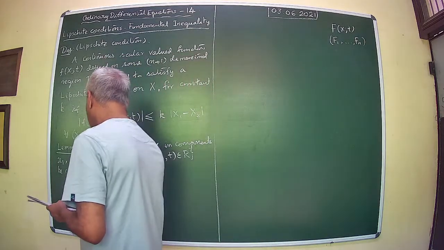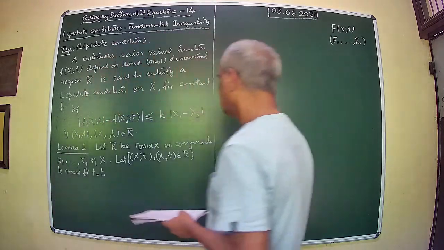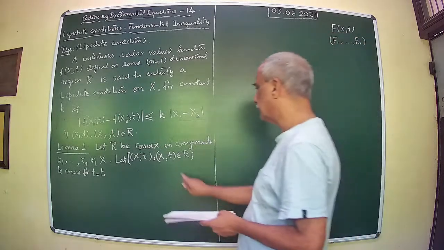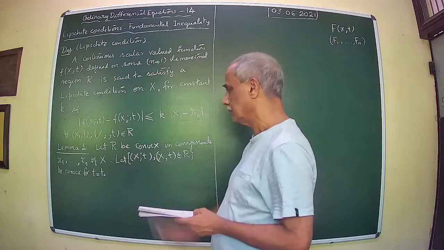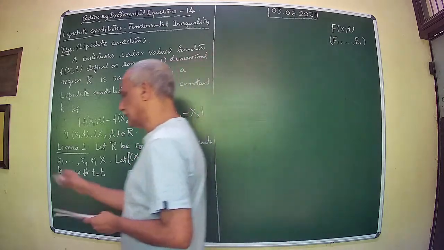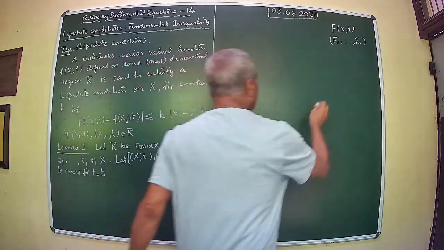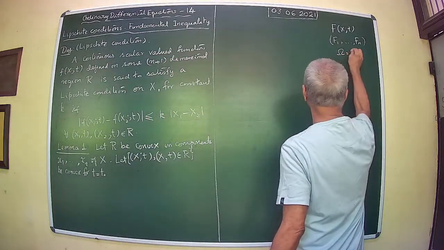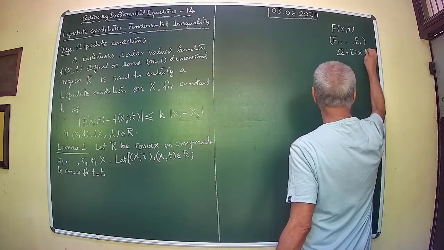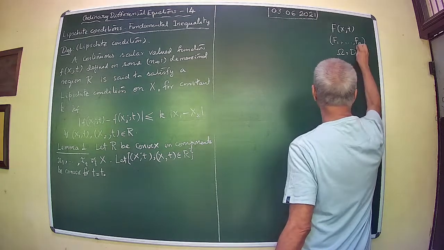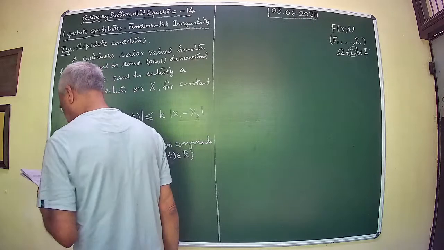That means if you fix t naught, then this becomes a point in R. So we are assuming that you had this omega equal to D. So for fixed t, we are assuming D is convex. Okay, that's the assumption that we make.